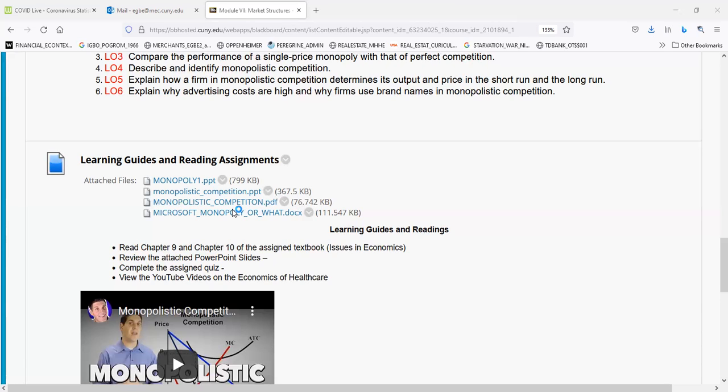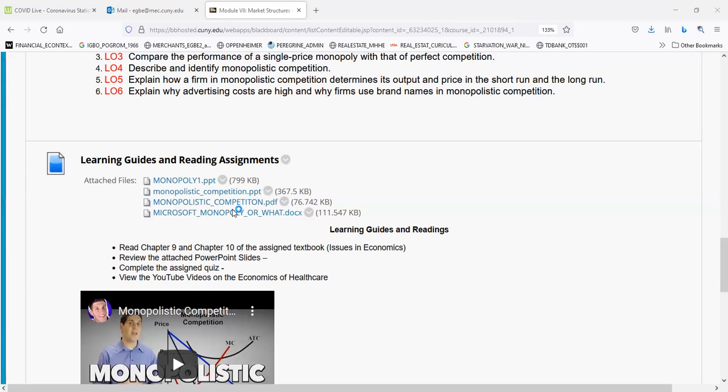And so a monopolist can make excess profit, but a competitive firm cannot, because in competition other sellers enter the market if there is excess profit.